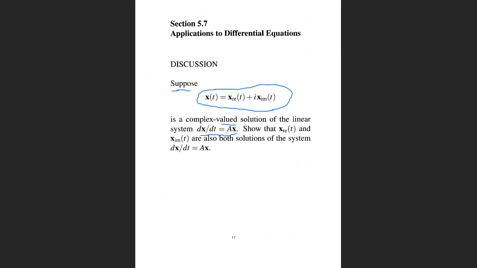So, say you had 3 plus i and -1 minus 4i.